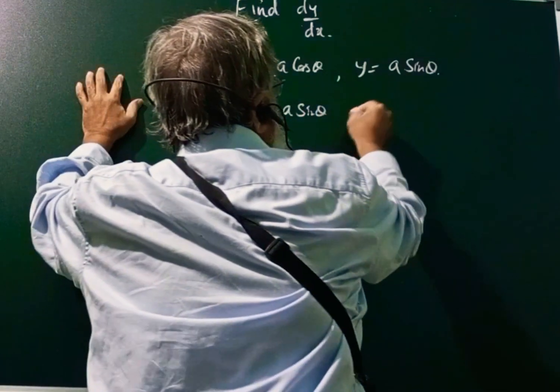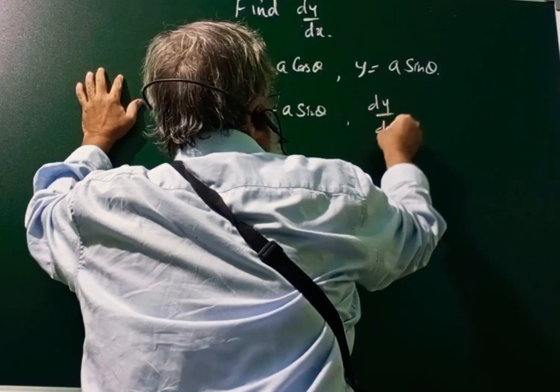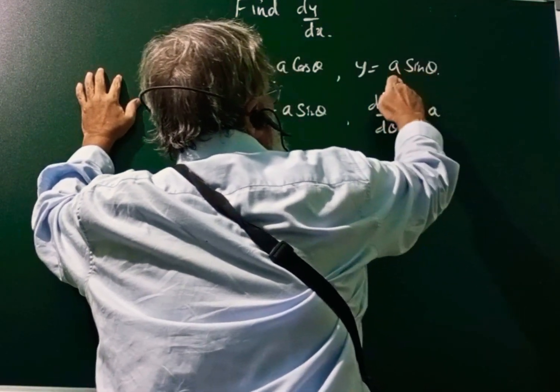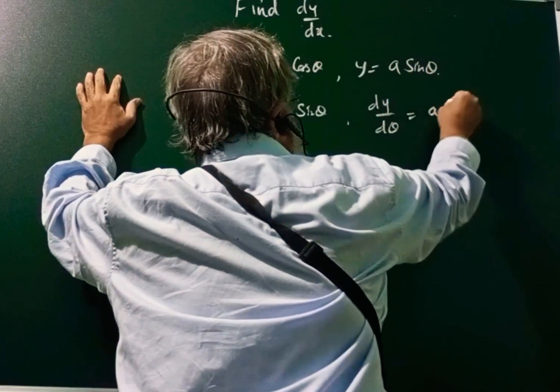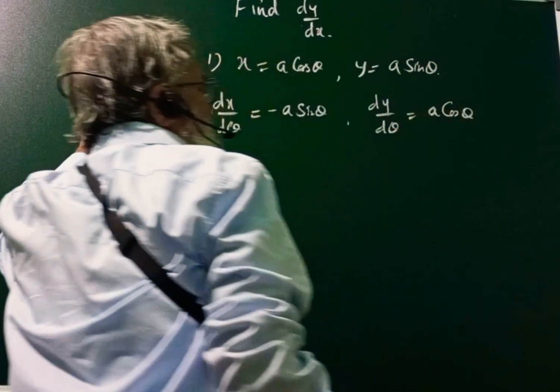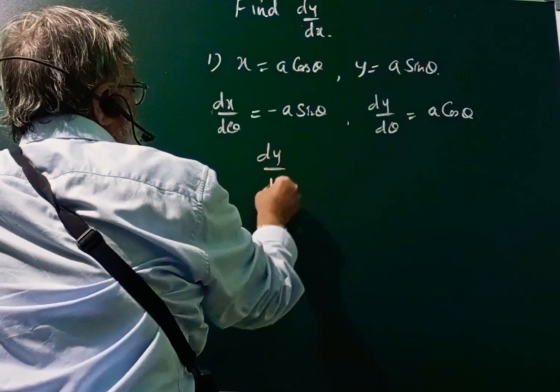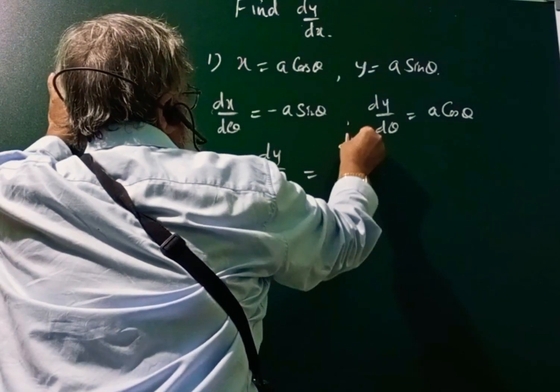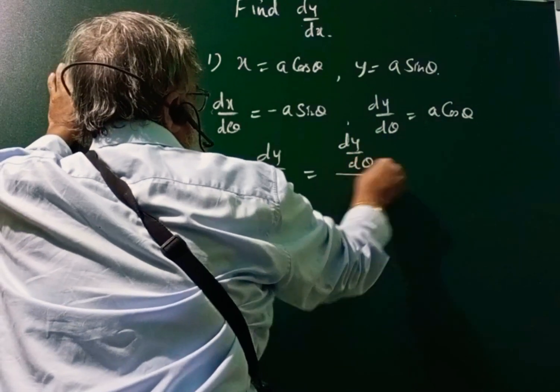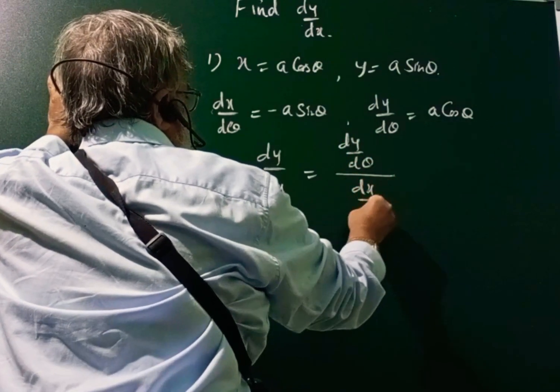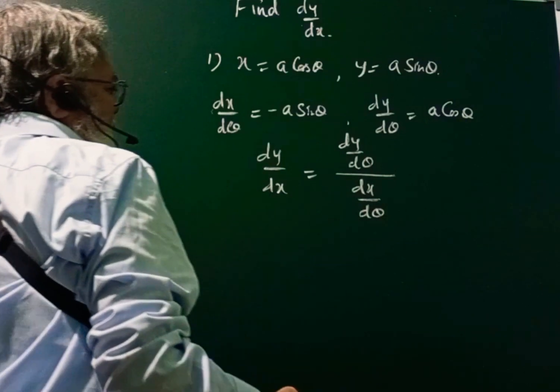Now differentiate y with respect to theta. A is constant. Differentiation of sin theta is cos theta. Now our formula is dy by dx is equal to dy by d theta divided by dx by d theta.